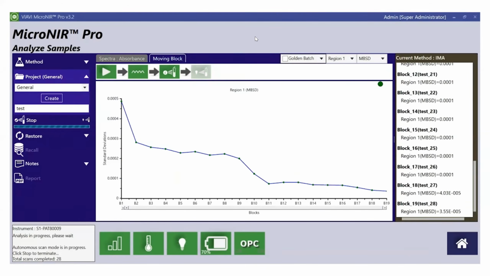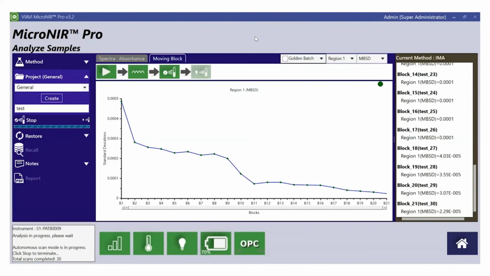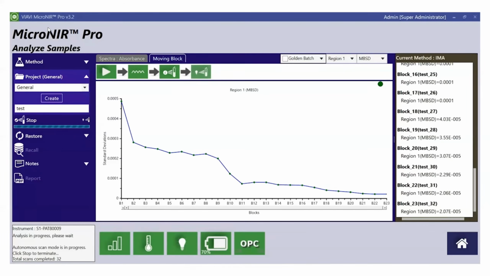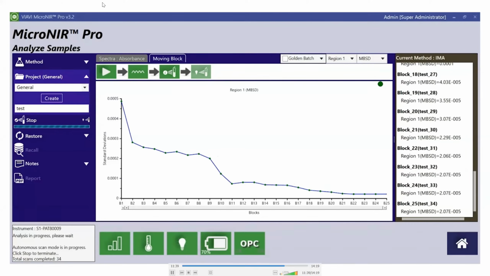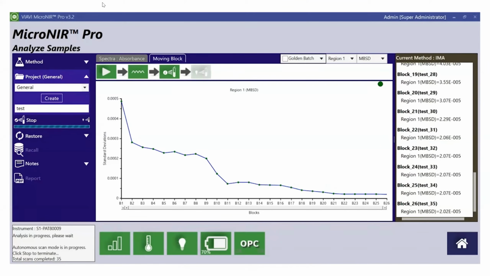From the blending profile, we can extract very important information. Looking at the number of rotations where the standard deviation is minimum, you can define the endpoint. Looking at the level you reached, you can see if a process is producing a better result than another one.